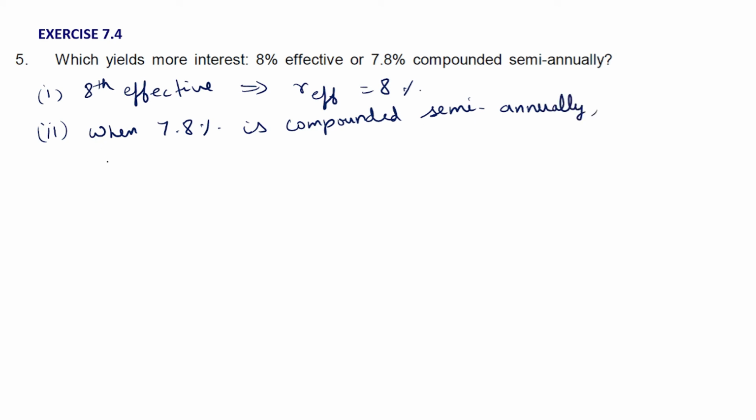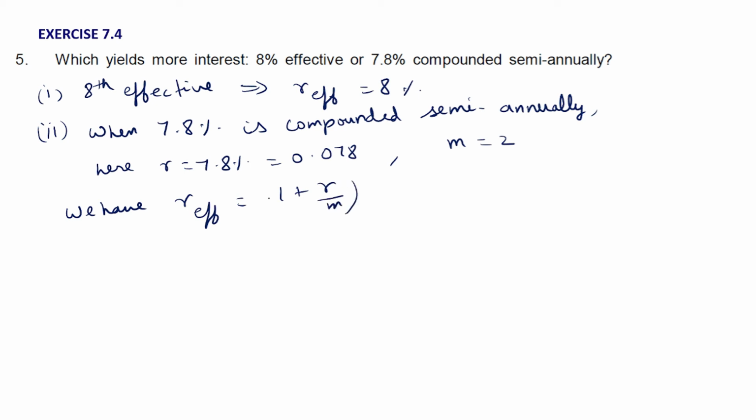If 7.8% is compounded semi-annually, here R is equal to 7.8% or it is 0.078. And since it is compounded semi-annually, so we have the number of conversion periods is 2. We have the formula R effective is equal to 1 plus R by M the whole raised to M minus 1.